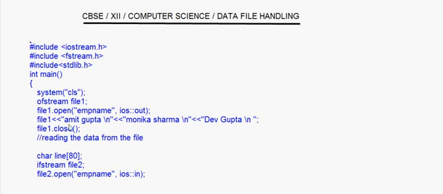So what it does is it fetches this particular content, Amit Gupta, that you had written here, right? This is put inside this array of line. Line is the array, right? So file2.getline line comma 80 means inside this array line you have got the name Amit Gupta, right?